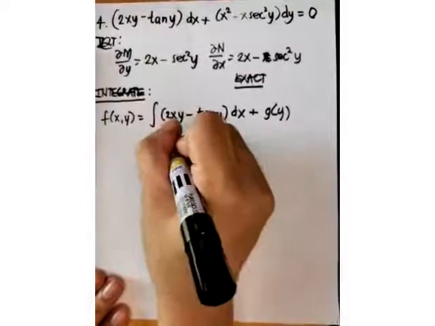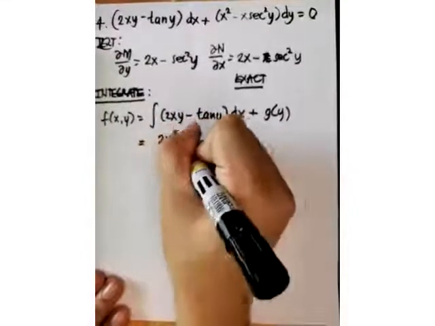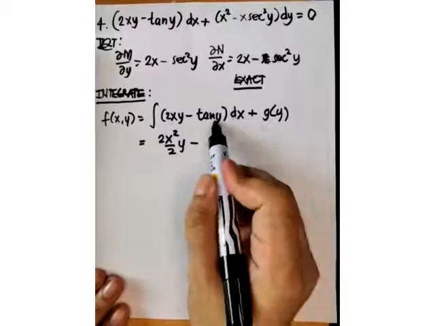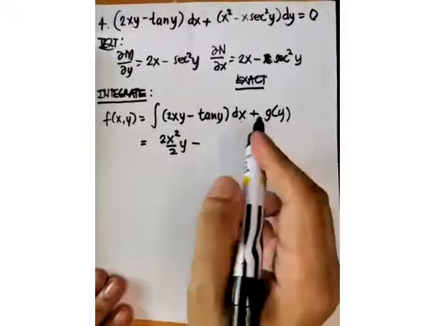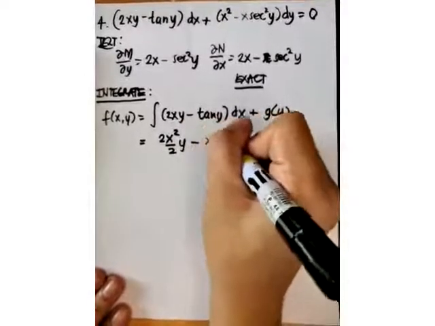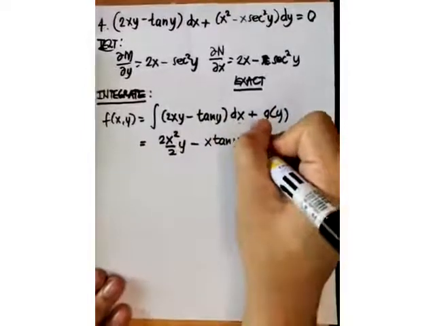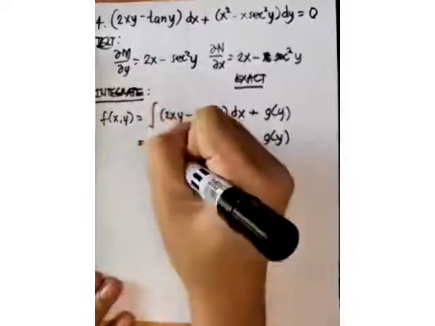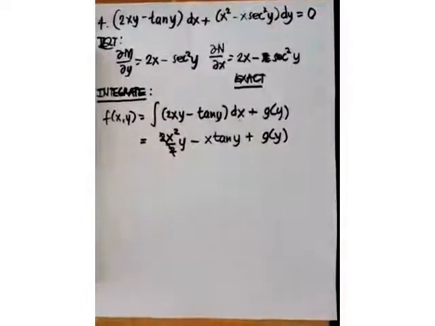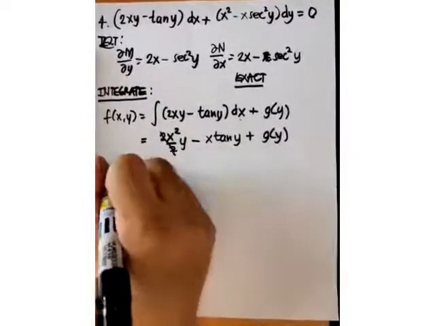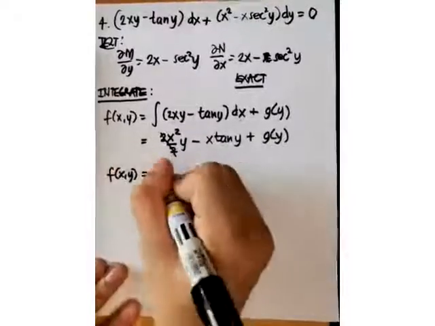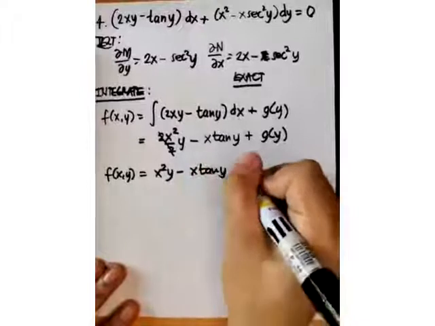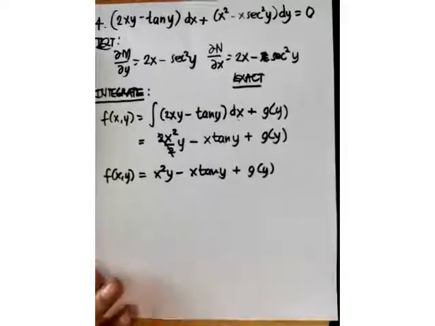So, that is 2x squared over 2y minus integral ng tangent y dx. So, tangent y is constant and it's just dx. So, x tangent y plus g of y. Okay, and then we cancel this one. So that means our f of x, y, is equal to x squared y minus x tangent y plus g of y.